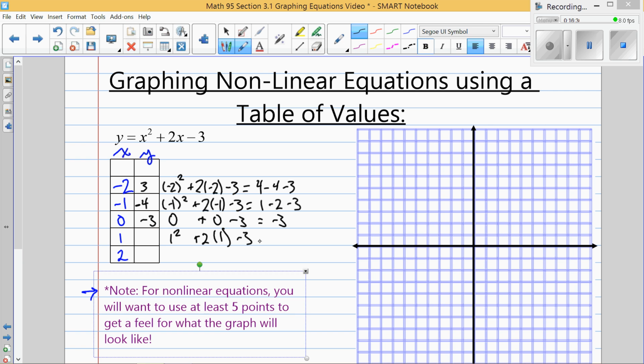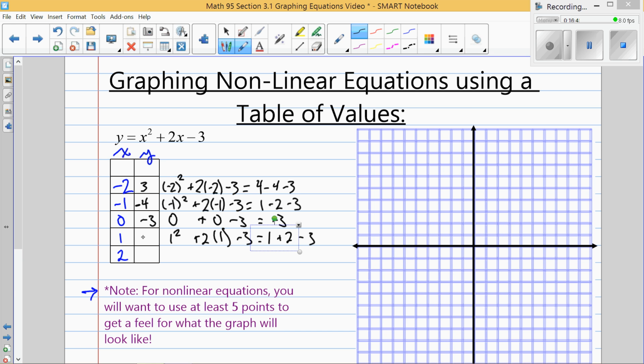So I wind up with a 1 plus a 2 minus a 3. That gives me a 0. It should have been a negative 3. I apologize, I didn't write that correctly.